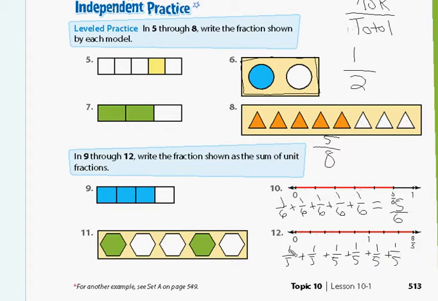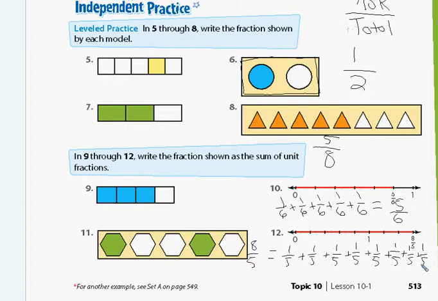Let's see, 1, 2, 3, 4, 5, 6. I got 2 more to go. Plus 1/5 plus 1/5. And I'm going to put my equal sign over here. Means the same thing, 8/5. So the way I wrote it is 8/5 equals 1/5 plus 1/5 plus 1/5 plus 1/5 plus 1/5 plus 1/5 plus 1/5 plus 1/5.